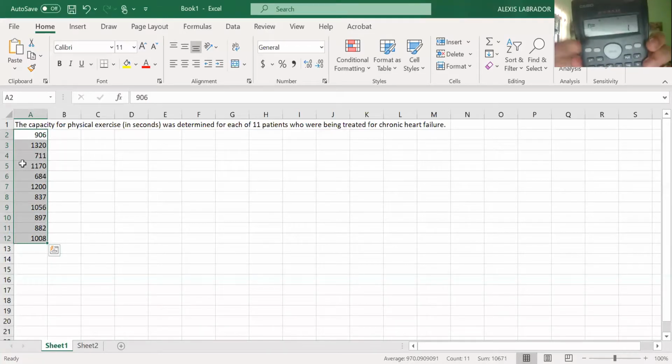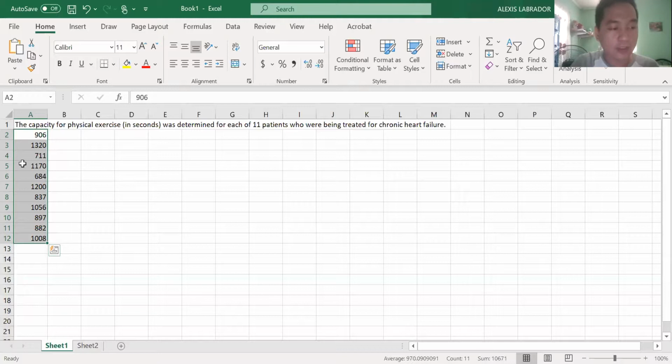As you press M+, lalabas yung n is equal to 1. Ibig sabihin, nakapag-input ka na ng isang data. And then you are going to repeat that until doon sa final data.